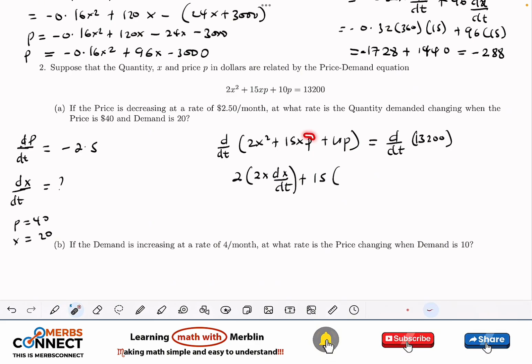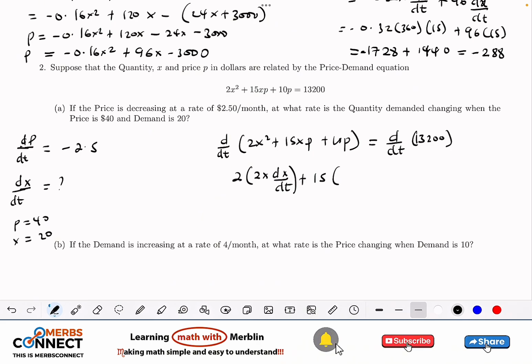Now I'm going to differentiate this. These are two functions because x is the quantity, p is the price. So here we need to use the idea of what? Product rule.